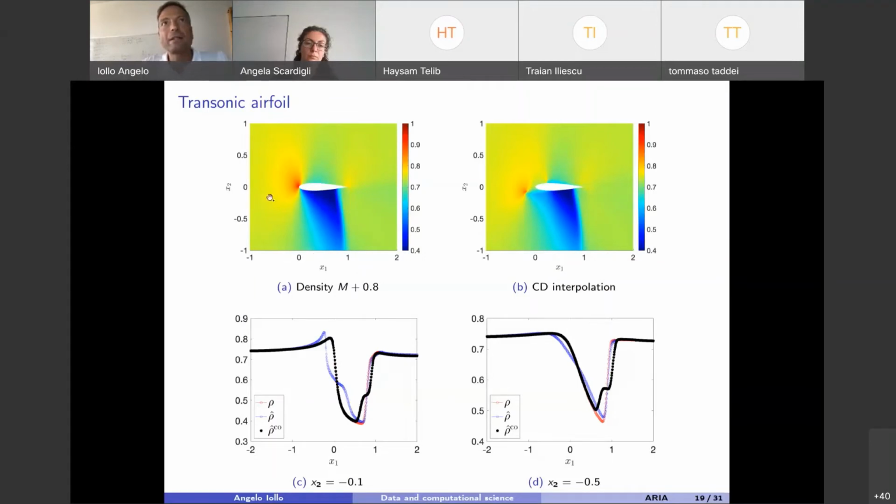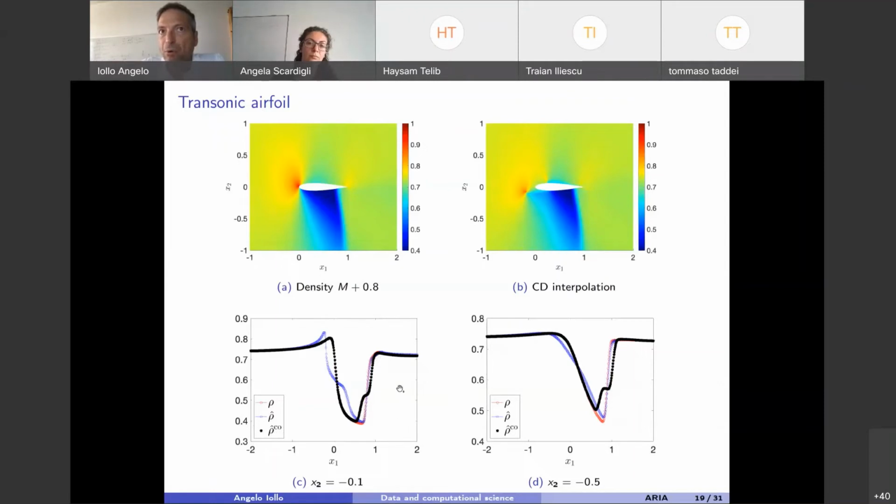So one is at x2 equal -0.1, and the other one is at x2 equal -0.5, so a little bit farther away from the airfoil. So you see that compared to the linear interpolation, which is in black, in the region of the shock the nonlinear interpolation is just very good.